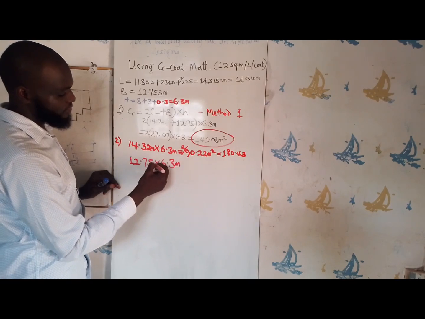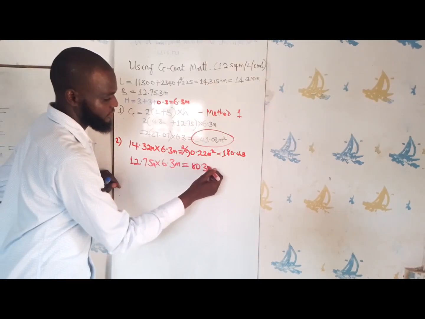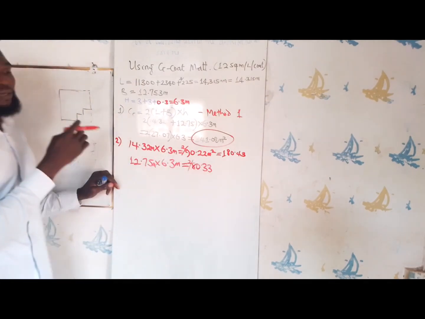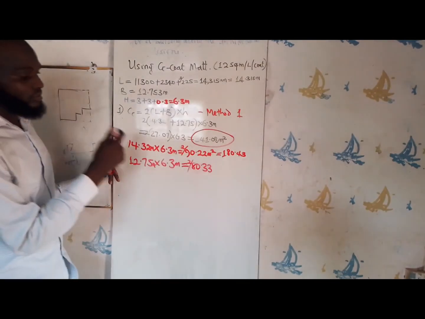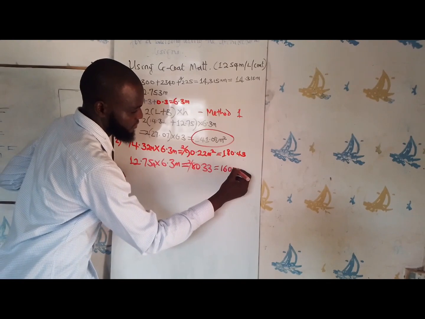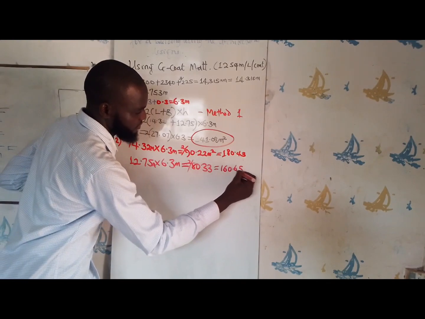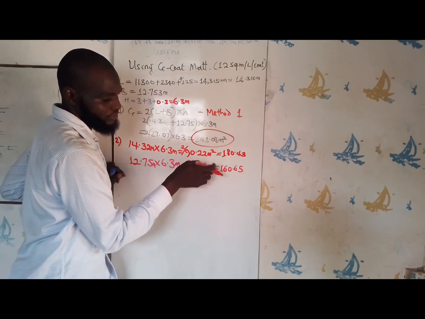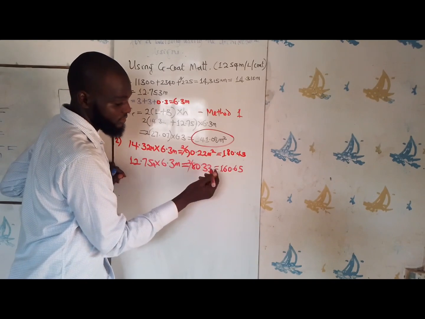What would that give us? 80.3. Because we have two sides of the breadth, the front and the back, times 2 will give us 160.65. Because we are approximating this, that's why I got this.